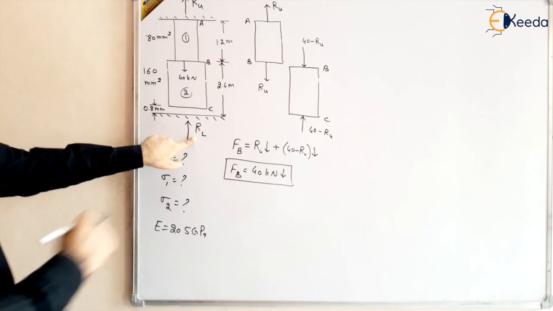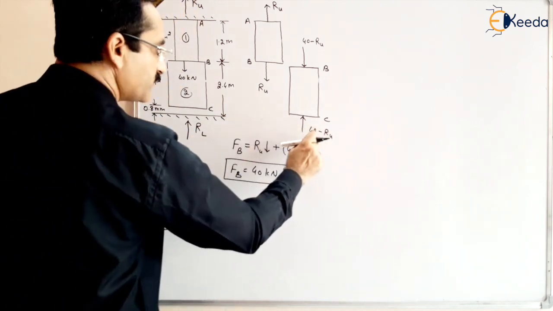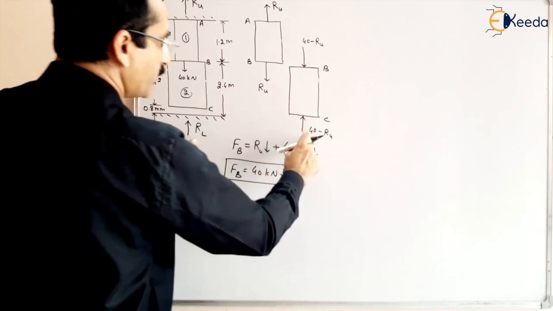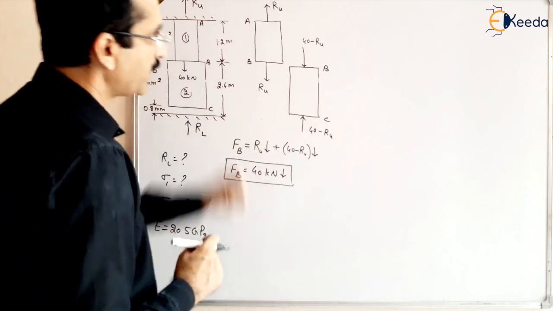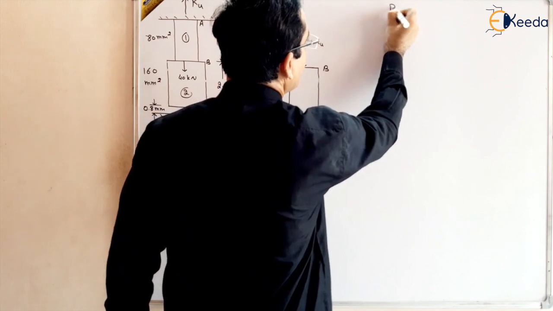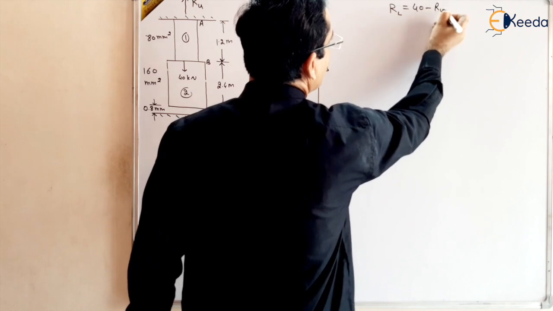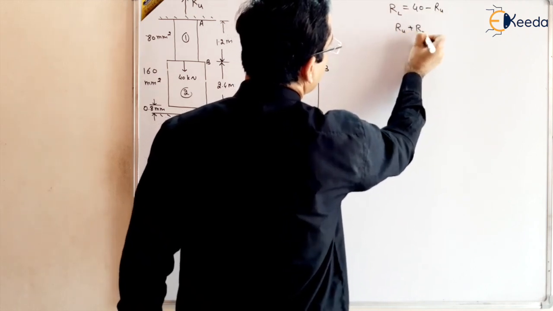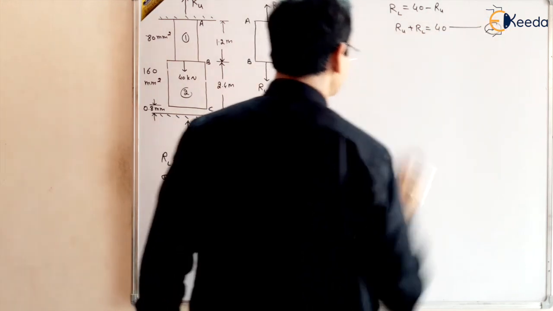So RL must be equal to 40 minus RU, because RL we have applied here and we have got 40 minus RU in terms of upper reaction. So one equation you have got that RL is equal to 40 minus RU, or you can write RU plus RL is equal to 40. This is the one equation.